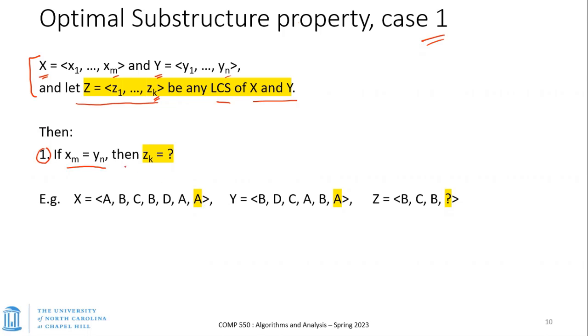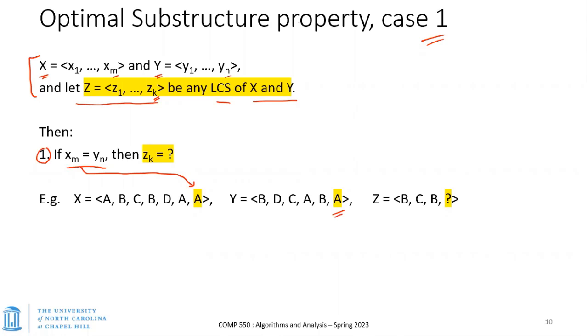Okay, so x sub m corresponds to the last character of the first string X, and y sub n is the last character of the second string. So x sub m happens to be equal to y sub n.